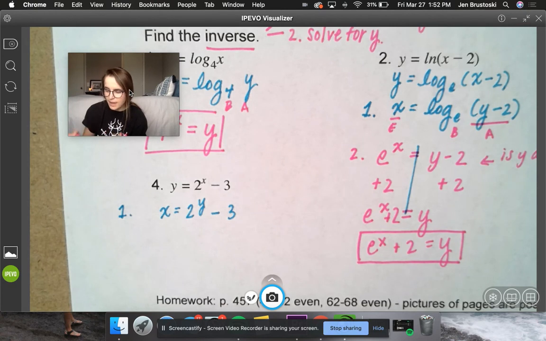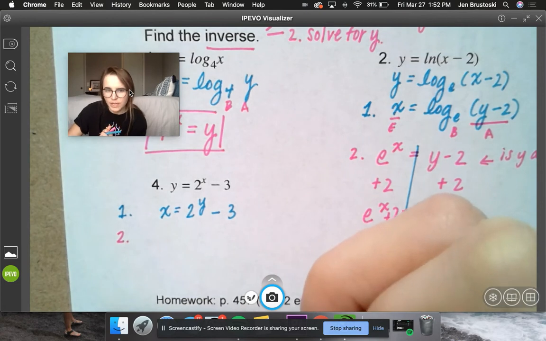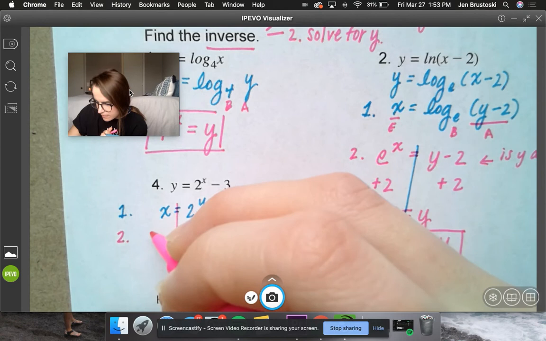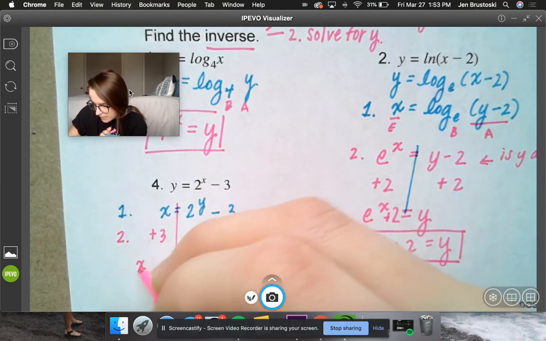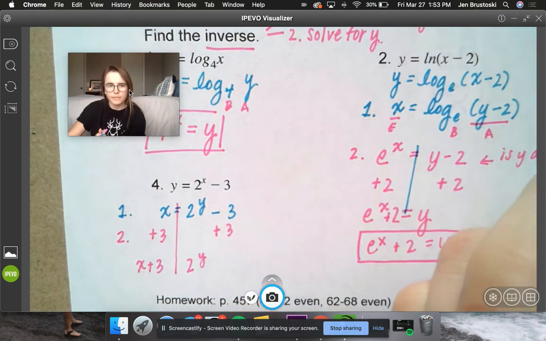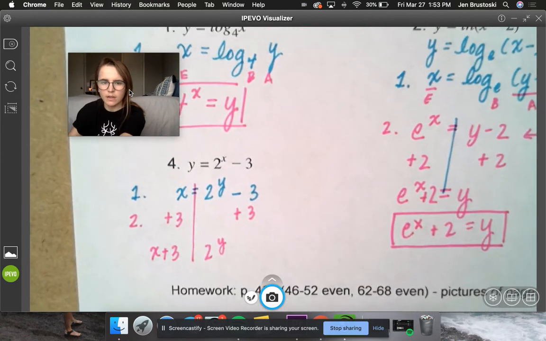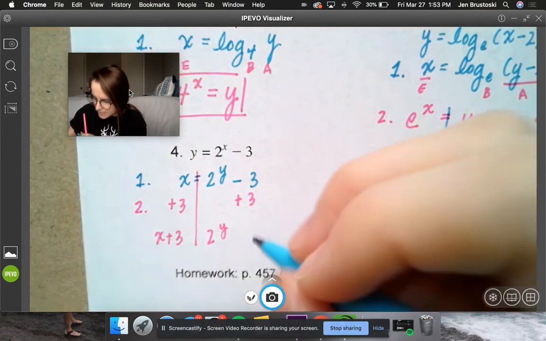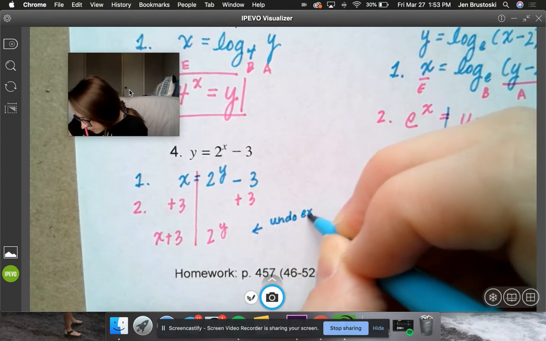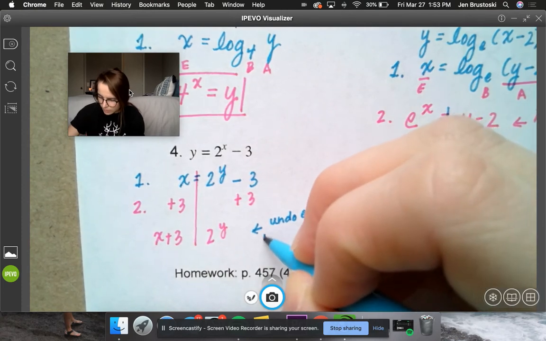Step 2, we have to isolate y. So I have a 3 here. I'm going to go ahead and add that to the other side. So I get x plus 3 equals 2 to the y. And I have to undo this exponent. In order to undo an exponent, we have to use a log.